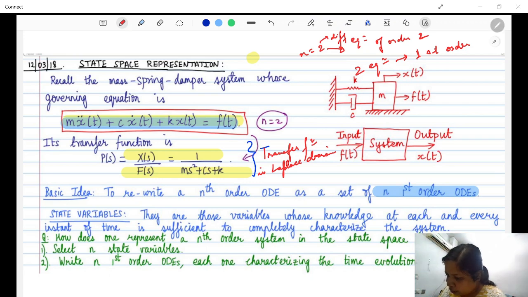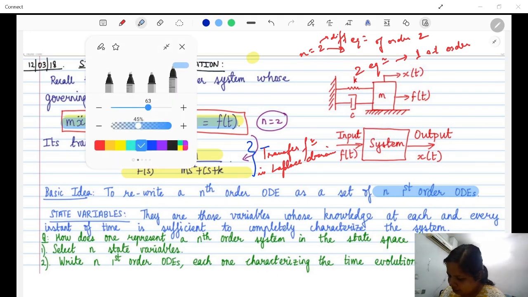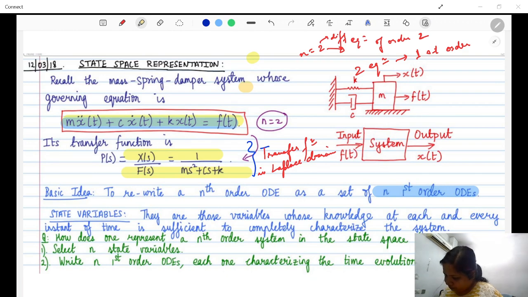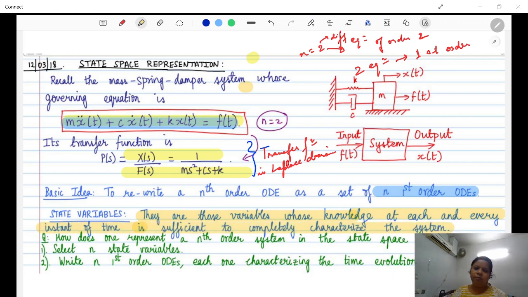So when you do this, you're going to deal with state variables. State variables are those variables whose knowledge at each and every instant of time is sufficient to completely characterize the system. Let's say we have some electrical system in which we have an input source.